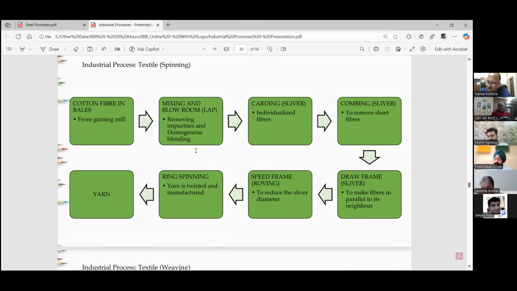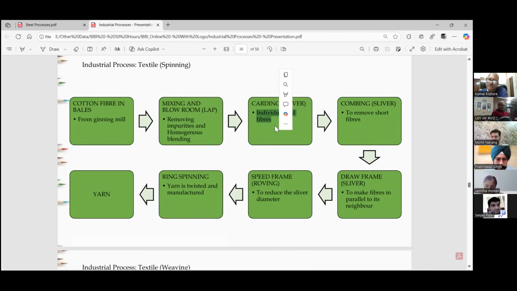So first of all, whatever cotton bales come from the ginning mill to the spinning mill, they are opened. Then the cotton goes to the blow room where further purification is done. In the blow room, it removes the impurities and makes a homogeneous blend. From the blow room, your cotton fibers go to the carding machines where they are converted into sliver.